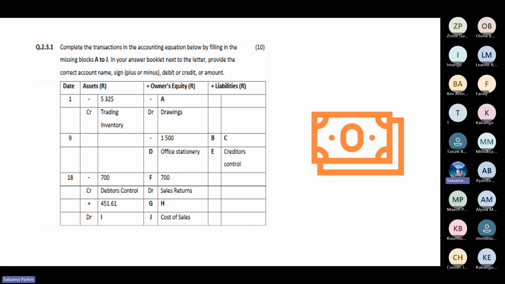Now they've given you the debit. Now I is the account name. What is the correct account name? They've given you this one's name here, so you now need to give this account's name. The goods have been returned by the debtor.